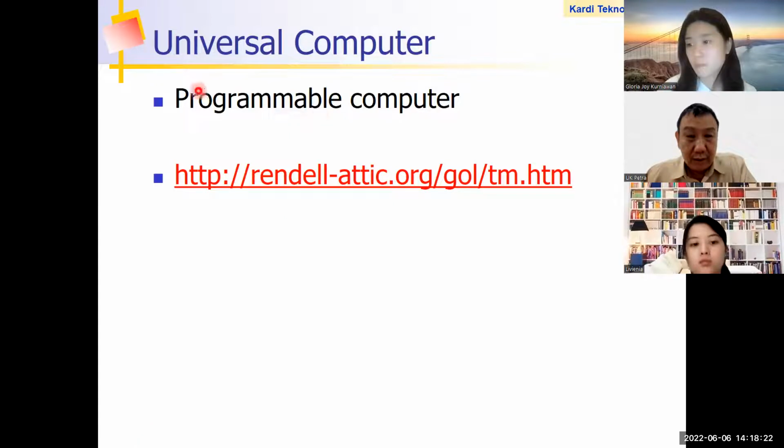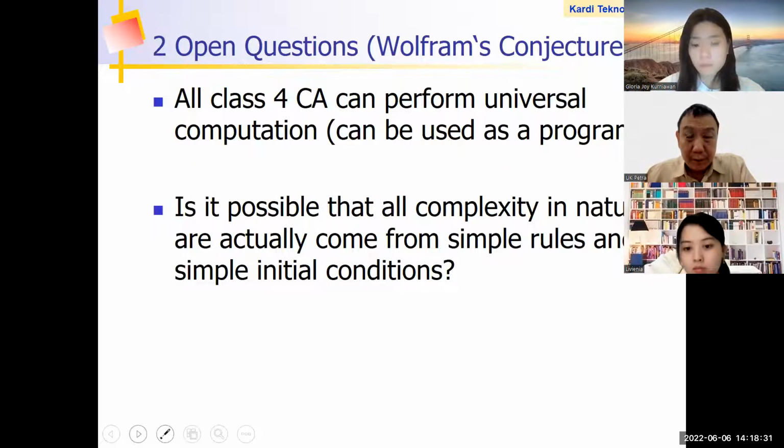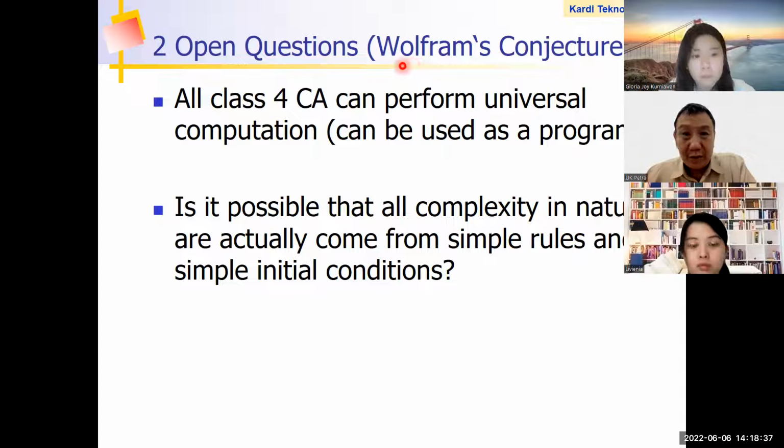So yeah, there are some people who say that CA is actually a programmable computer. In the book NKS, A New Kind of Science, Wolfram gave an open question: can all class 4 CA perform universal computation? That means it can be used as a program.